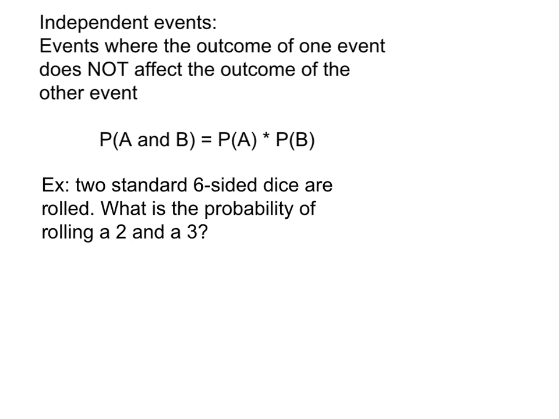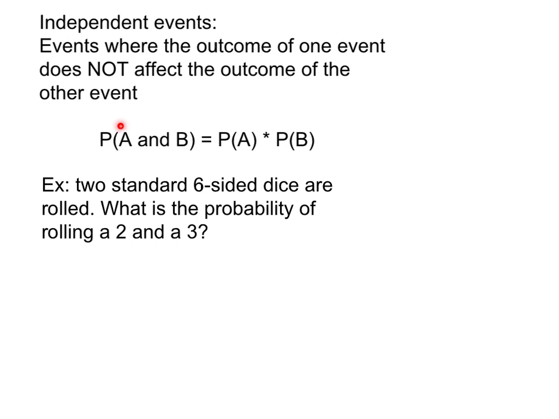One important thing to notice is that we use this notation with the P and then in parentheses something. So here we have on the left side P and then A and B in the parentheses, and on the right side of the equal sign we have P of A times P of B. It's important that the parentheses here do not mean multiplication. This means the probability, the P stands for probability, of whatever's in the parentheses.